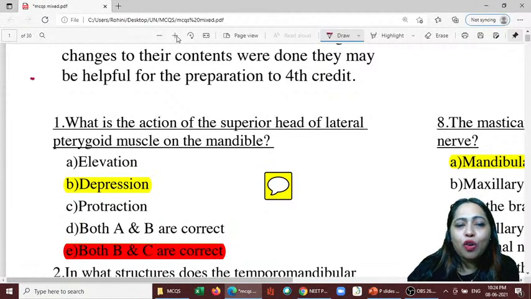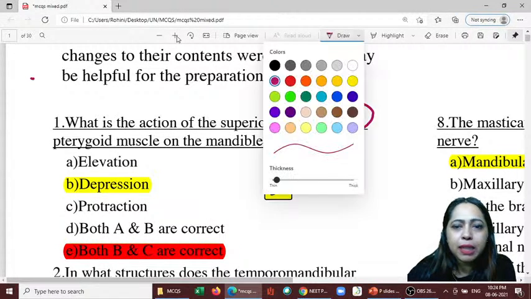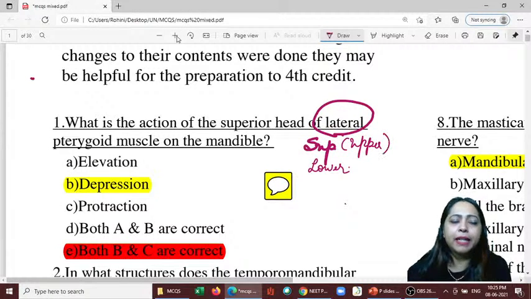What is the action of the superior head of lateral pterygoid muscle on the mandible? Now, lateral pterygoid muscle has a superior head and it has one more head, that is the lower head. Or you can also call this the upper head and lower head. It has two heads.